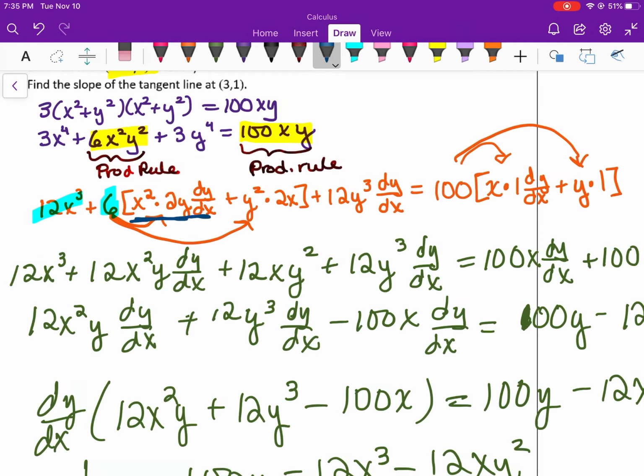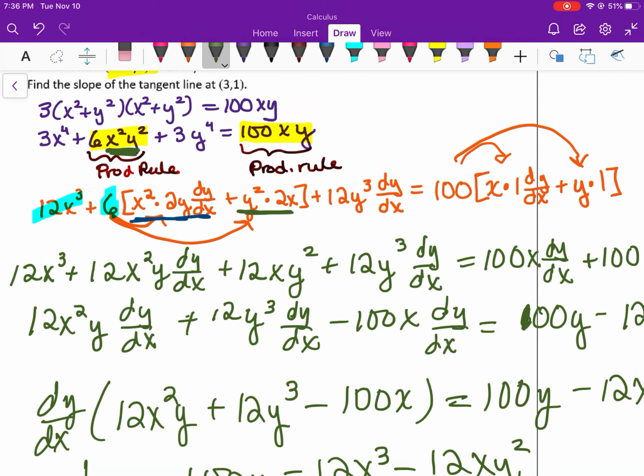So that's x squared times the derivative of y squared, which is 2y, but because it's y, I back it up with dy dx, plus the second times the derivative of the first. So y squared times the derivative of x squared. So that's the other piece of that product rule.